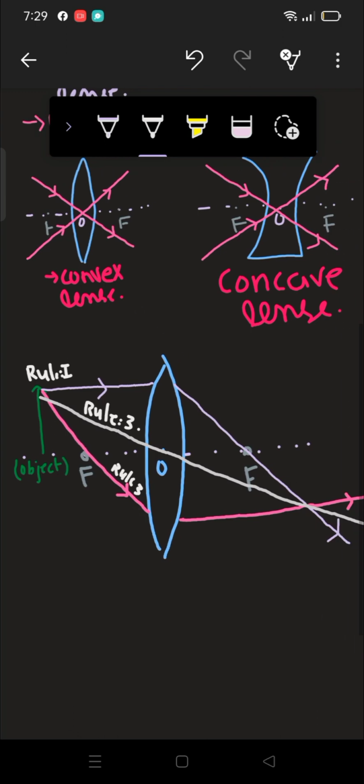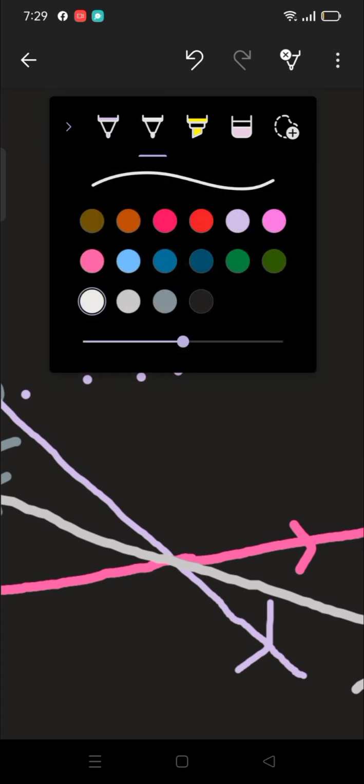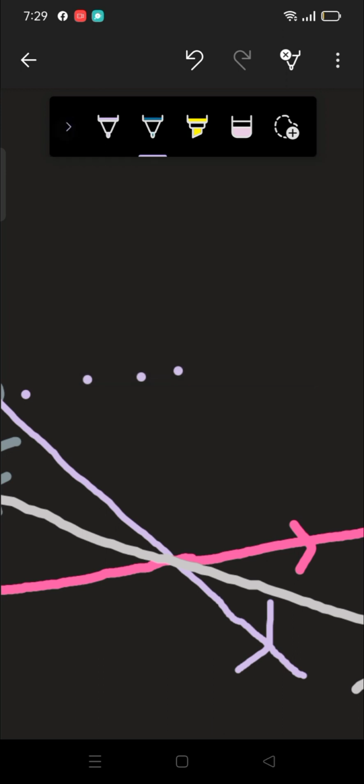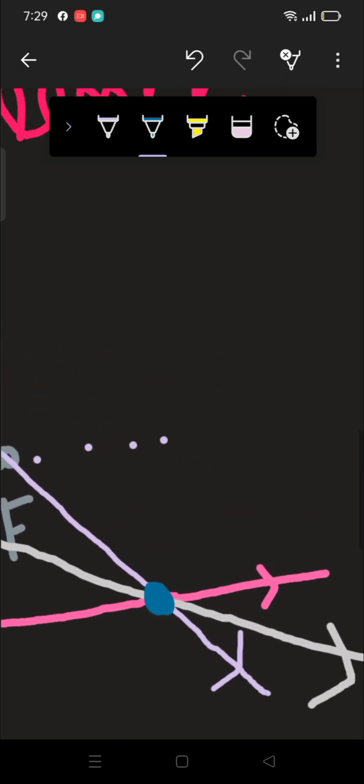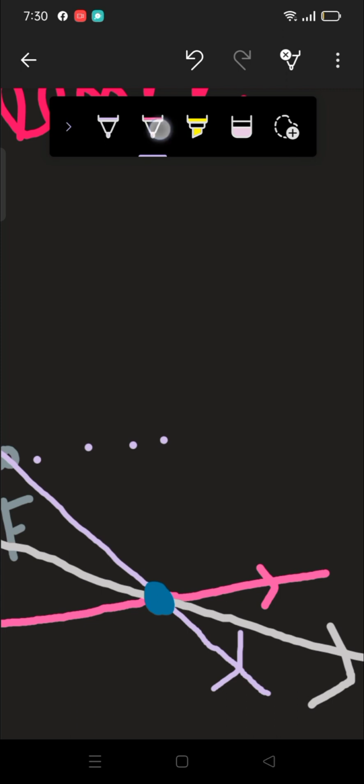Now let's check where the lines are meeting. As you can see, the lines are meeting here. Let me take another color. Alright, this color is fine. So all these rays are meeting together, which means the image would be formed here somewhere. The image is not erect, it will be inverted.